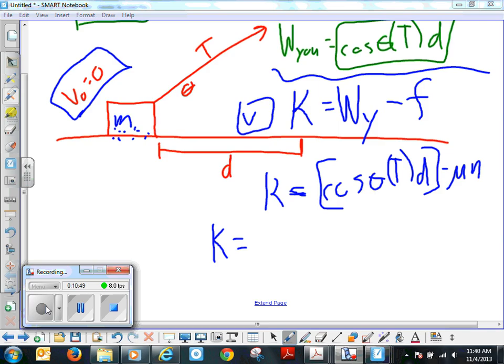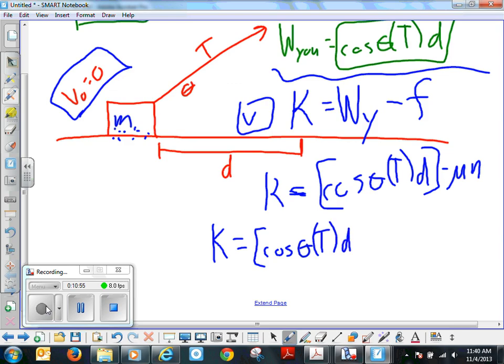Okay, so it's F cosine theta times d minus the coefficient times mg, which is the mass, mg minus F sine theta, and that is the kinetic energy. And then you could set that equal to 1/2 mv squared and figure out the velocity.